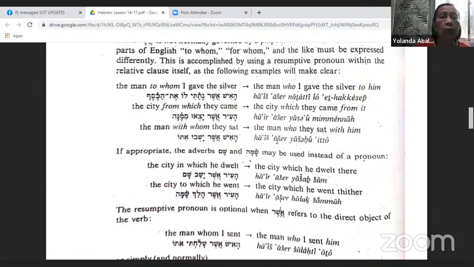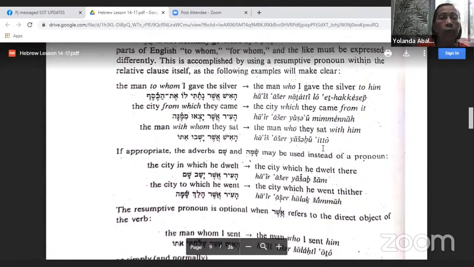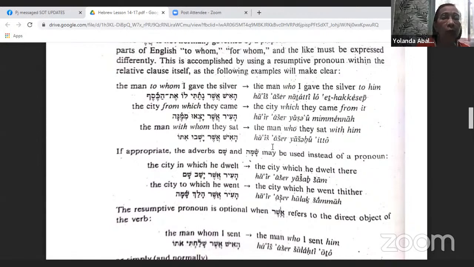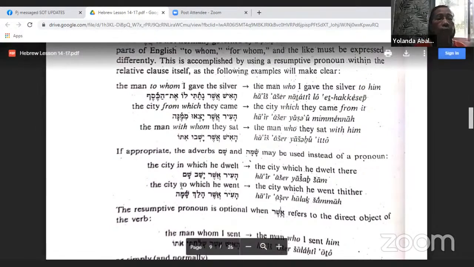Alright, ano meron? The man who they sat with him. Aish, Asher, Yasbu, ito. The man whom they sat, ito. Ito is him, with him.